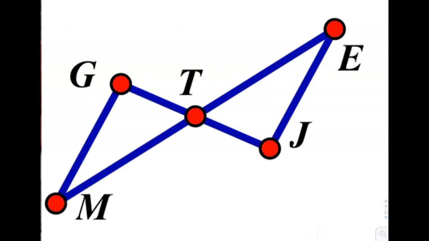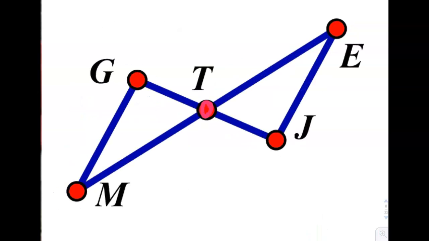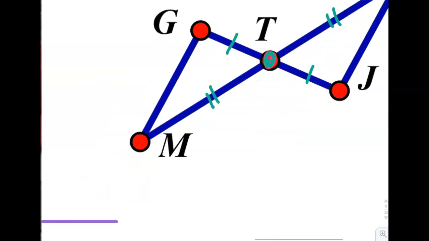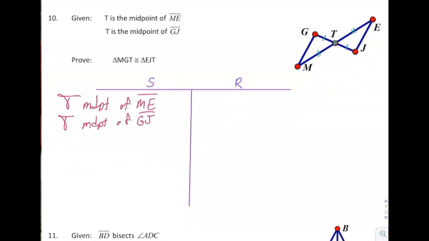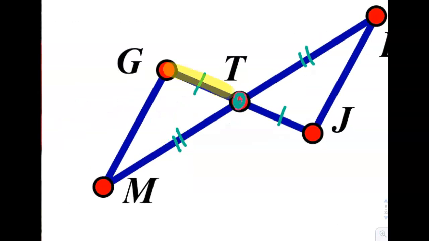So if T is the midpoint of ME, then this is the same as this. And if T is the midpoint this way as well, then that's the same as that. We haven't said those are congruent yet, so now I'm going to say it. That was given. That was given. But now I'm going to say that this is congruent to this.